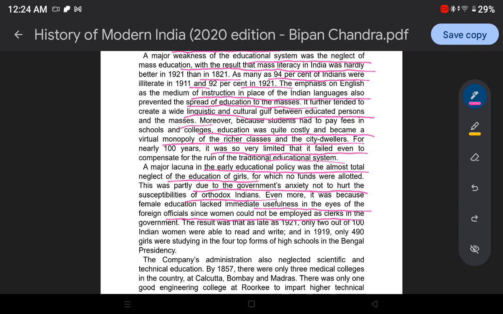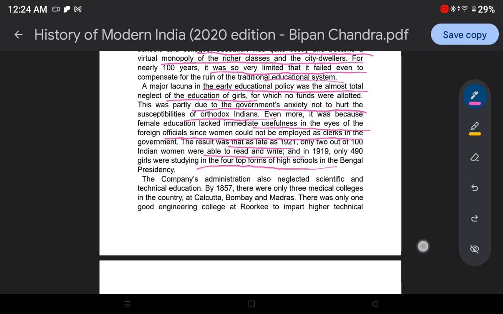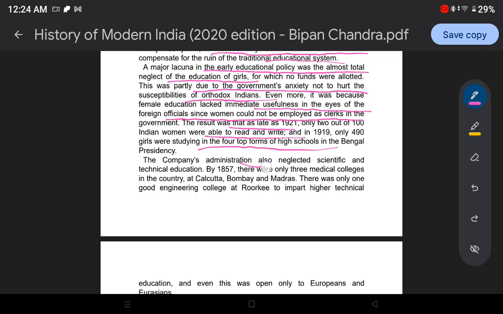The result was that as late as 1921, only 2 out of 100 Indian women were able to read and write, and in 1919, only 490 girls were studying in the four top forms of high schools in the Bengal Presidency. The Company's administration also neglected scientific and technical education.